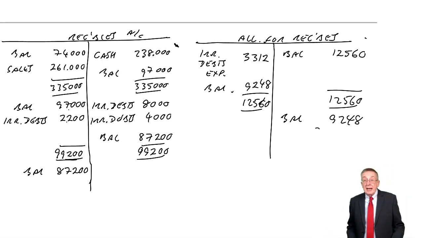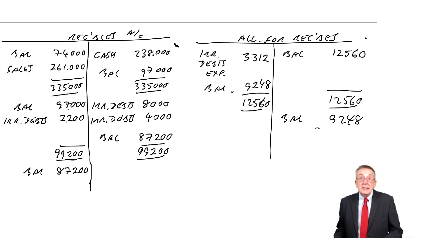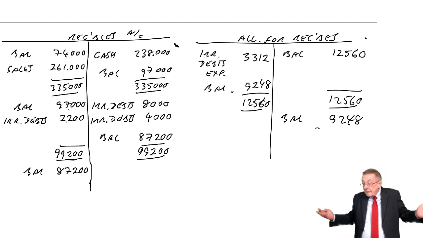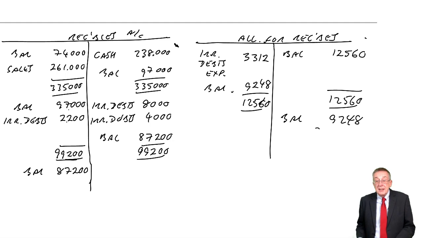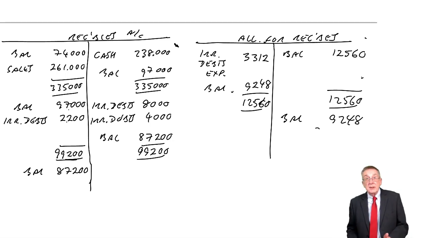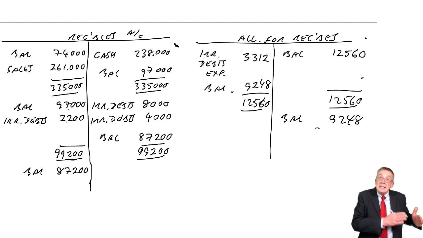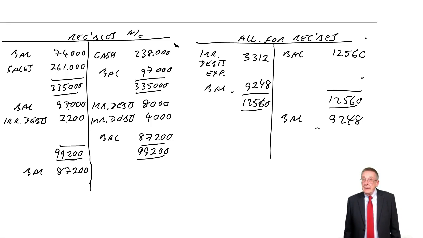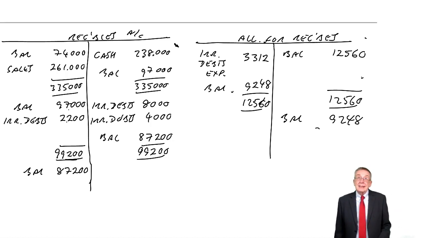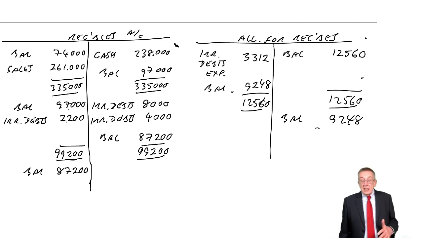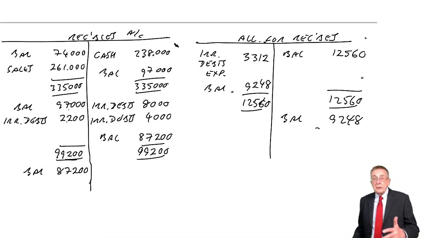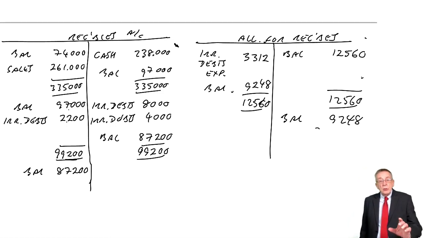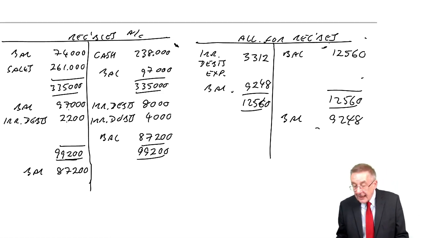If I'd needed a bigger allowance, if we'd have needed an allowance at the end of this year of 15,000, fine, we'd need to increase it. You'd credit the allowance to increase it and debit the expense with the cost. But do make sure you've got that. I'll summarise at the very end, give you the rule, but almost certainly in exam questions, there'll already be an allowance from last year.